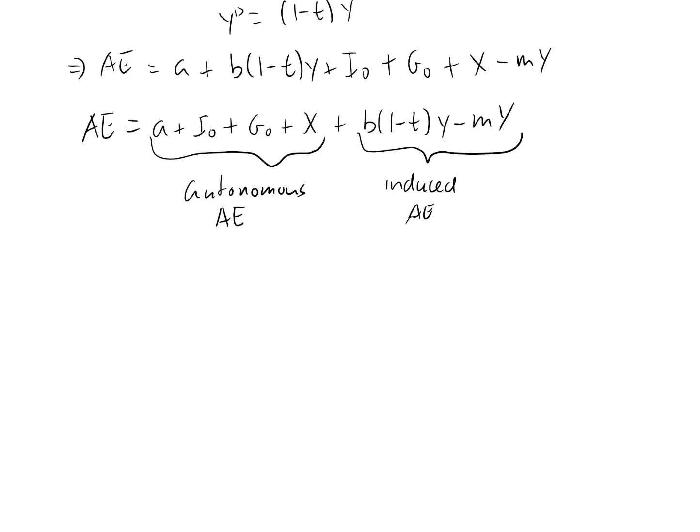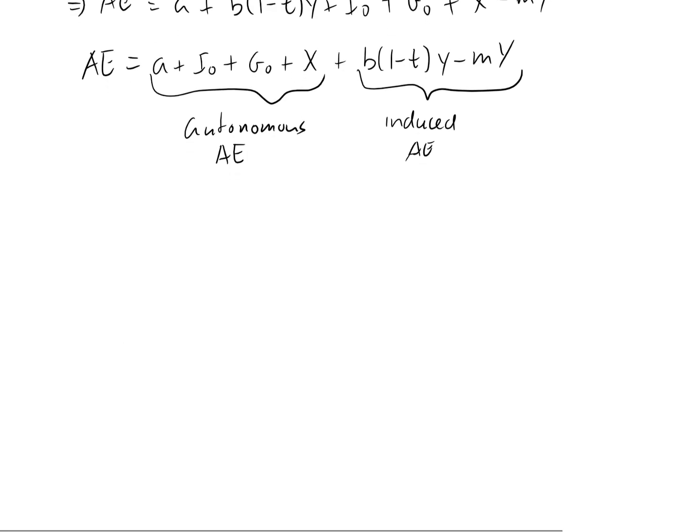Sometimes you don't want to keep rewriting. Writing a plus I0 plus G0 plus x, or x0, is kind of a pain. So let's define capital A to be equal to little a plus I0 plus G0 plus x.